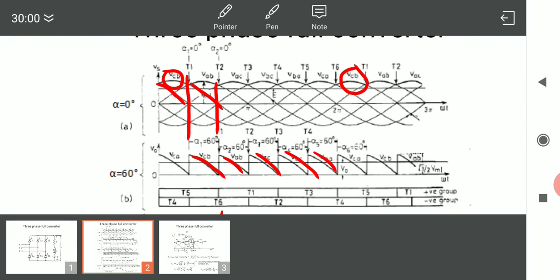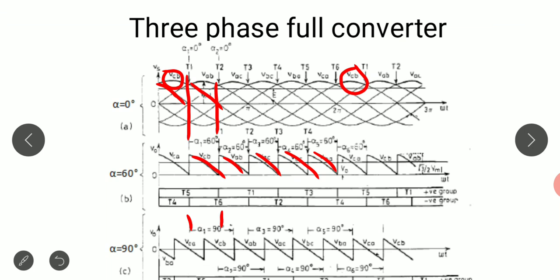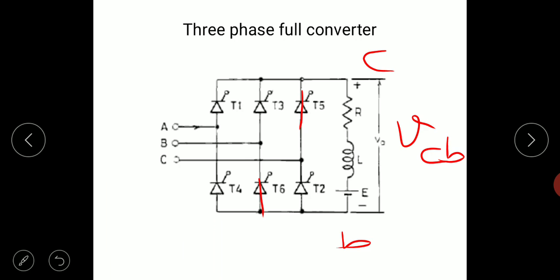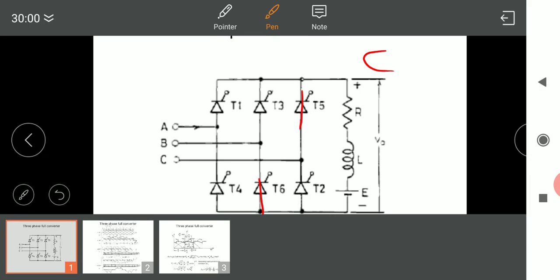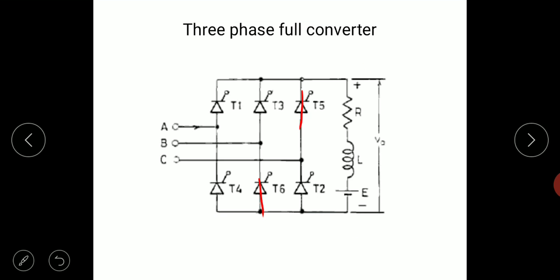Let us check for third step also. If we check for third step, then you can see that in third step, that means in this interval, thyristors conducting are T1 and T6. And if T1 and T6 are conducting, because of T1 short circuiting, A will come this side, and because of T6 short circuiting, B will come this side.